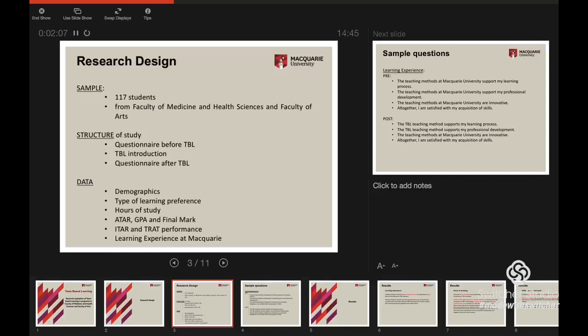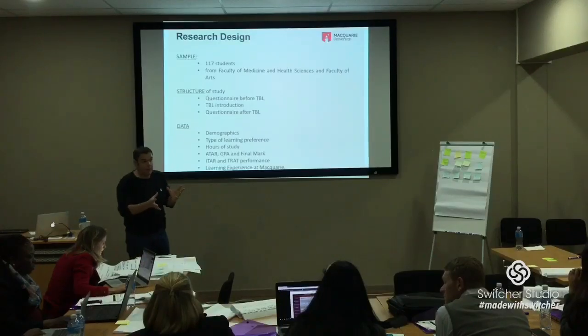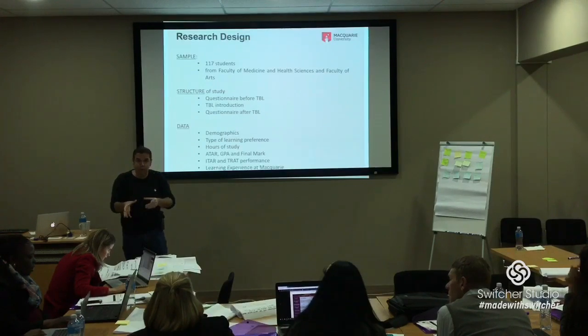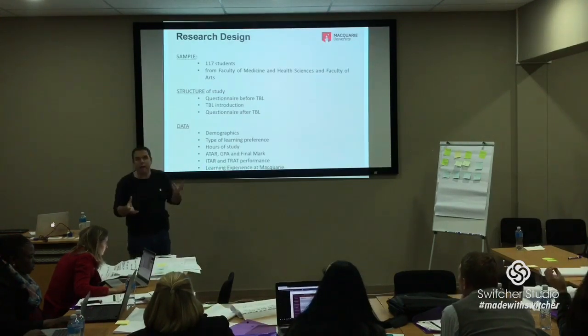Their GPA is their grade point average across all the subjects they studied at the time they were doing TBL, just to get an idea if they were good, average or failing students. And the final mark for the unit inclusive of the TBL: how they achieved not only in the TBL activities, but also in their exam or any other essays that they had.